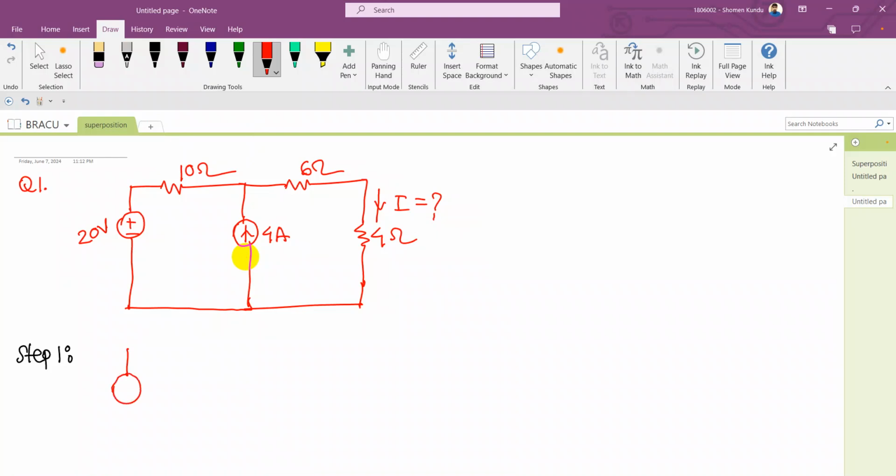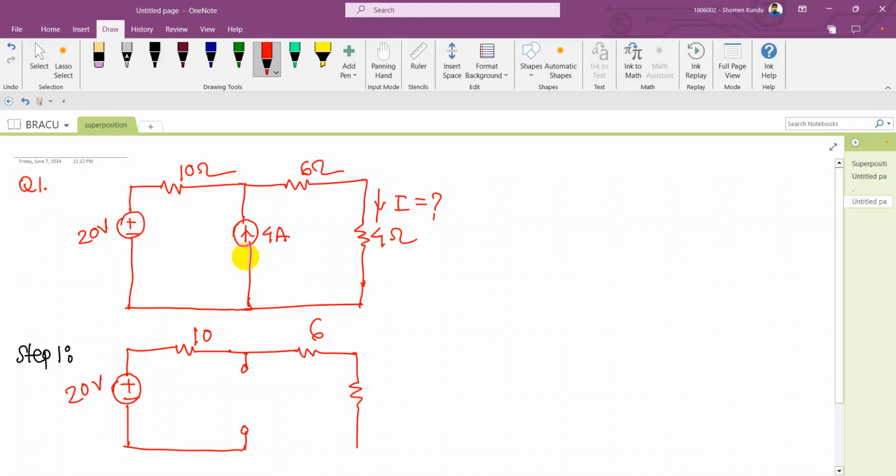Our voltage source will remain the same, 10 ohm, but our current source will be open circuited. Suppose the current contribution for 20 volts is I1.